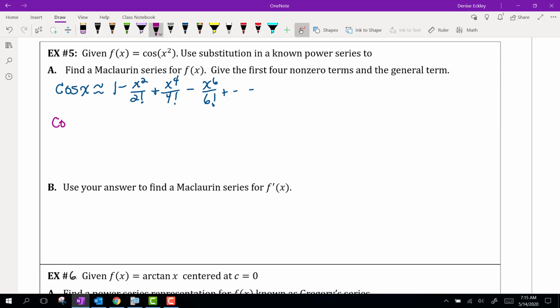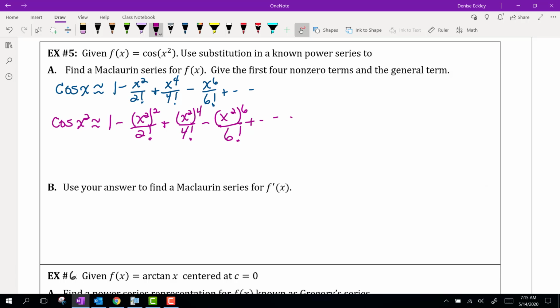So we're going to have cosine of x squared is going to be approximately equal to 1 minus, and now we're going to have x squared over 2 factorial plus x squared to the 4th over 4 factorial minus x squared to the 6th over 6 factorial, and so on.